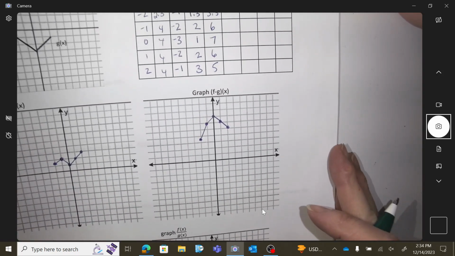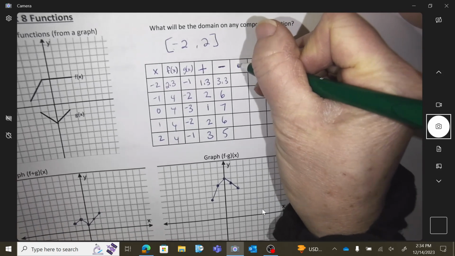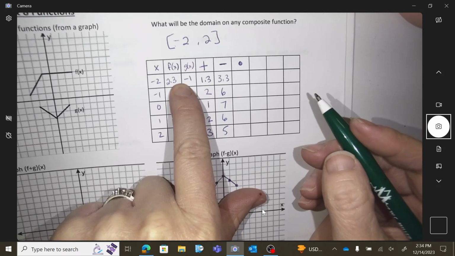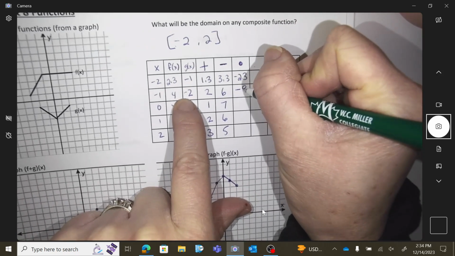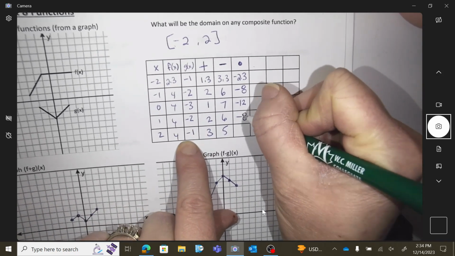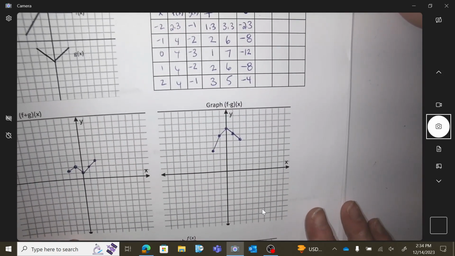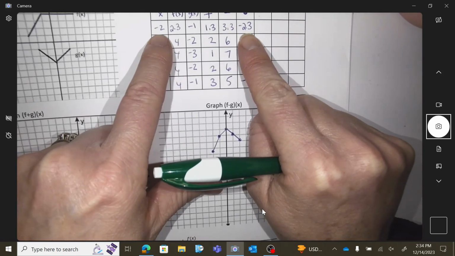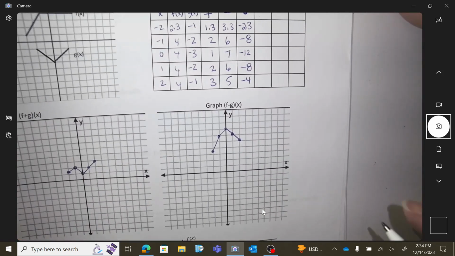Okay. The next question says times. So what is this times this? So negative 2.3, negative 8, negative 12, negative 8, negative 4. So again, make sure you go back to the x because the coordinate is going to be negative 2 comma negative 2.3.